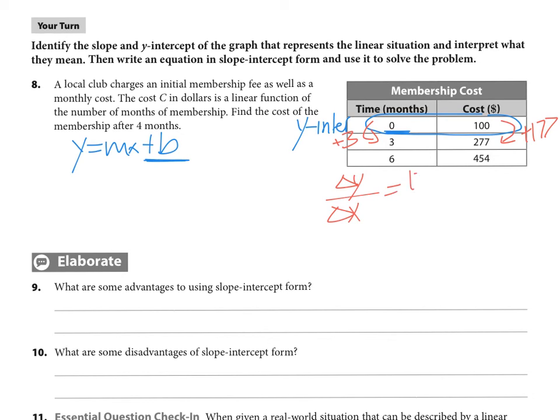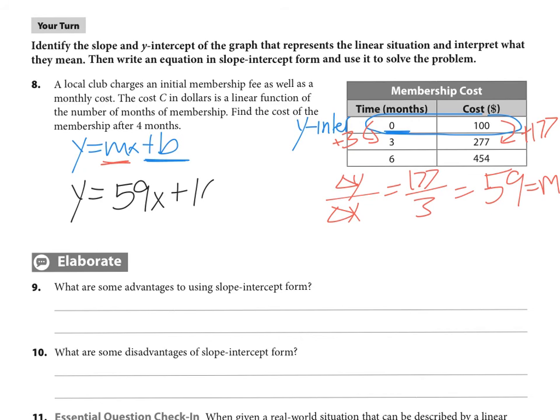So I get 177 over 3. Now, here's where I would probably want to use what? Calculator. So you divide that on the calculator. And you should get, what, 59? So now I have my M. So now I can write my equation. y equals 59x plus 100.